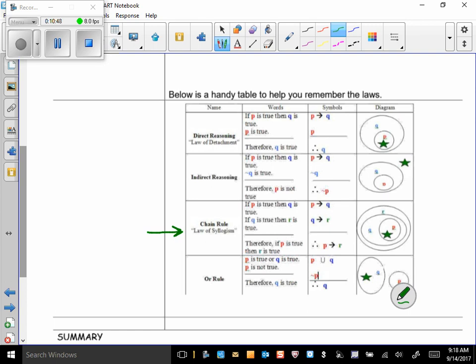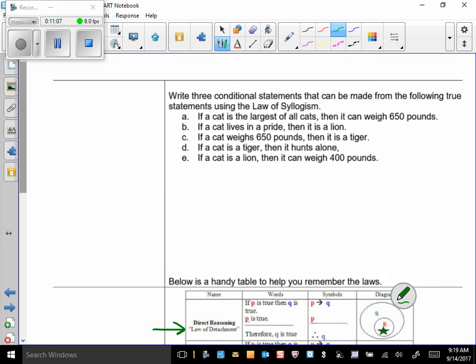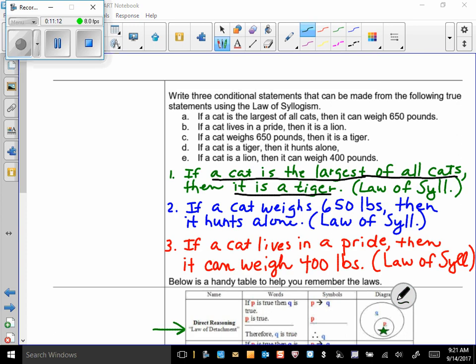I'll never call it that, but you might hear it that way, so just keep that in mind. And they've got Venn diagrams to match these laws. Here's your law of detachment. So make sure you look at that and understand everything in there. If you don't, let me know next time we're in class. And pause right here and do this last problem and come back and check your answer.